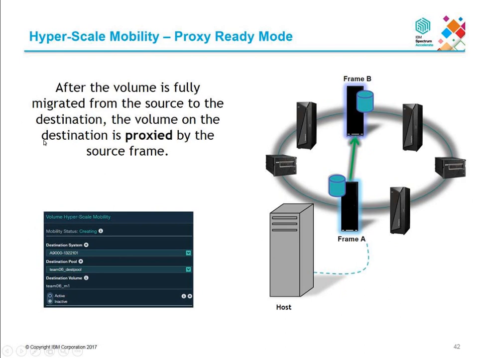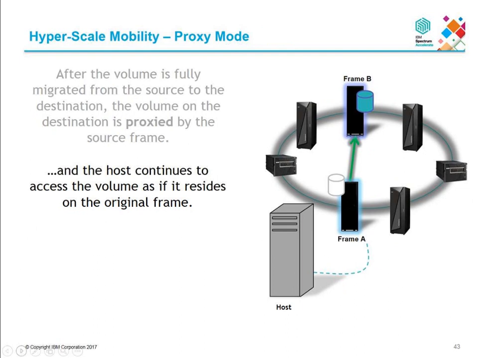After that is migrated from the source to the destination, the volume can be moved into proxy mode, and it's a manual step. So once I've created the mobility relationship and I've moved the data, I get to where I'm proxy ready, and I can then go to proxy mode. What happens at that point is, even though the host is accessing the volume through the first frame, that frame is proxying all of the commands to the second frame.